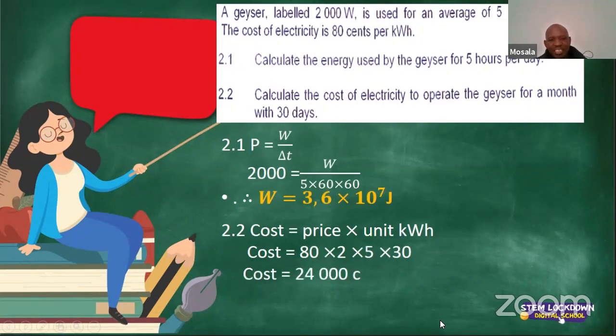Right, so the cost will then be 80 multiplied by 2 multiplied by 5 multiplied by 30. It should give you 24,000 cents. And then how many cents are there in a rand? It will be 100. Therefore, if you want the cost in rands, we'll have to divide this by 100 because there are 100 cents in a rand. So in rands, it will be 240 rands.